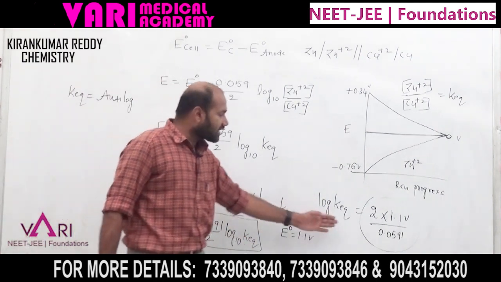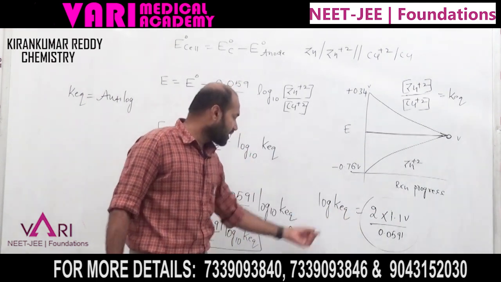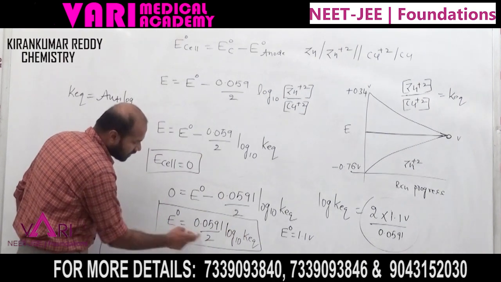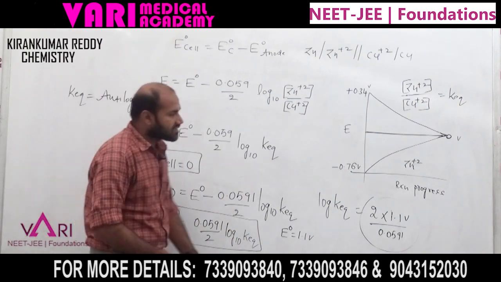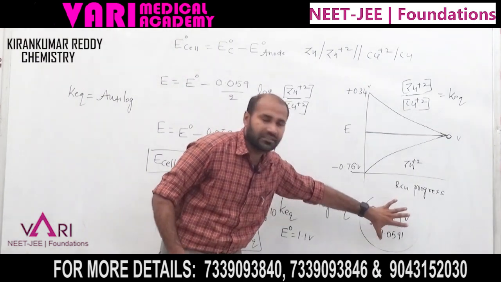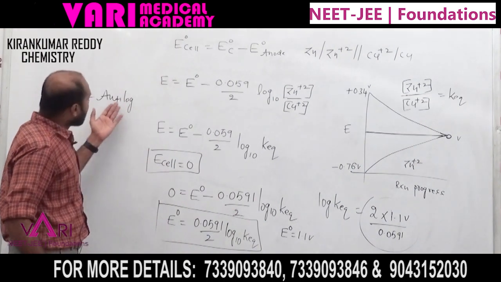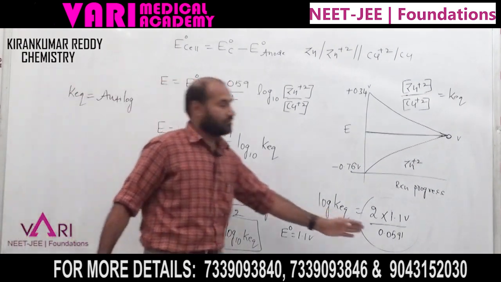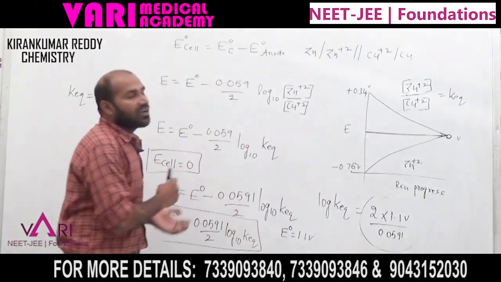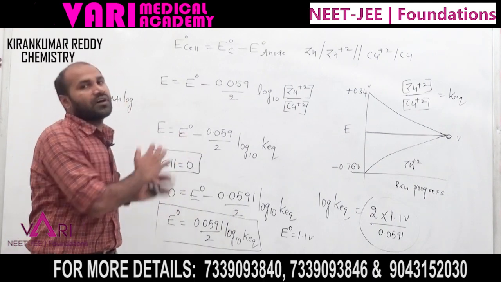So log K equilibrium is equal to 2 into E naught cell, and the E naught cell value is 1.1. You get some value for this. Now K equilibrium is equal to the antilog of this value. This is how the equilibrium constant can be calculated by using this formula.